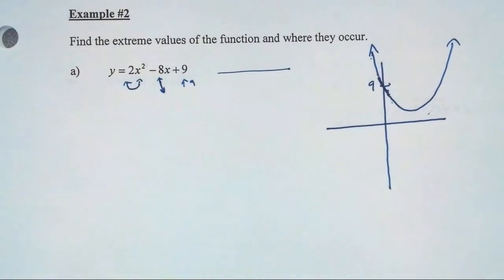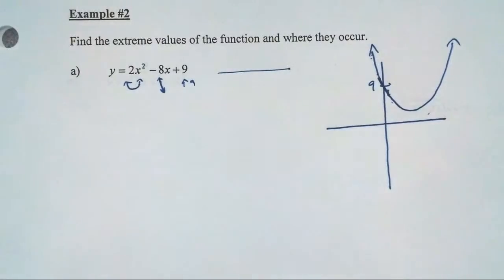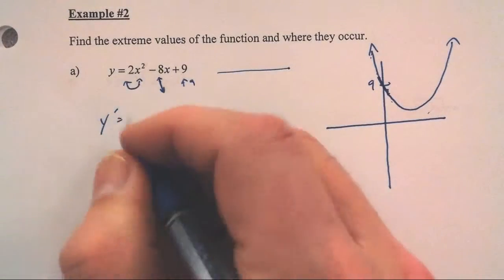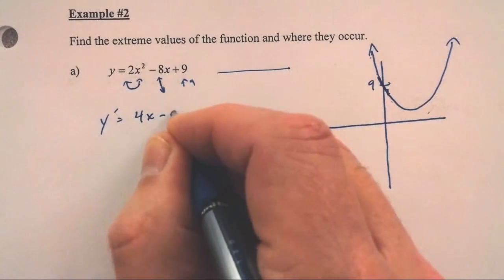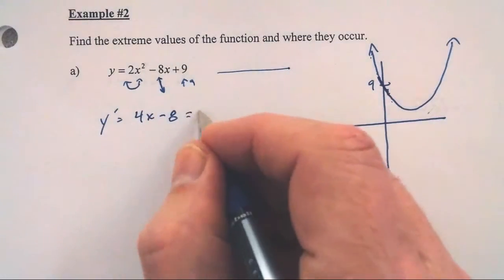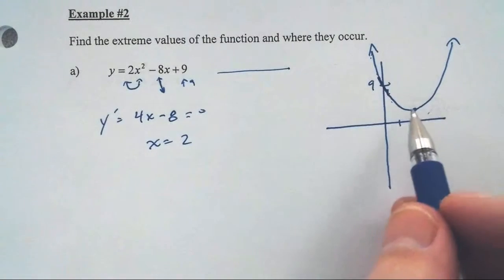So we could do this without calculus. We could use the opposite of b over 2a, but we could also go ahead and say, well, let's find y prime. Y prime, the slope of this, becomes 4x minus 8. We set that equal to 0, and we get x equals 2. This occurs at 2. Now, maybe it's not up here.